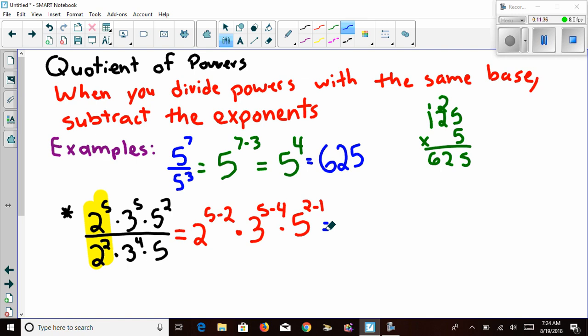To continue, let's go ahead and simplify those exponents. 5 minus 2 makes 2 to the 3rd. 5 minus 4 makes 3 to the 1st, or just 3. And 2 minus 1 means that 5 also has an exponent of 1.